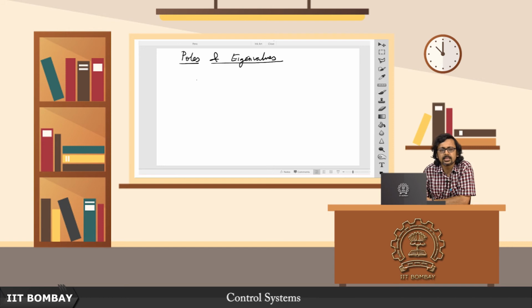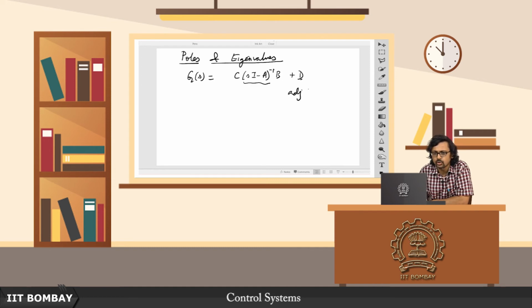And now we have seen the relation between this transfer function and the corresponding state space realization, given by this. Now what is this inverse, I wonder? We already know that this is given by the adjugate of sI minus A, divided by the determinant of sI minus A. The adjugate of any matrix is the transpose of its cofactor matrix.